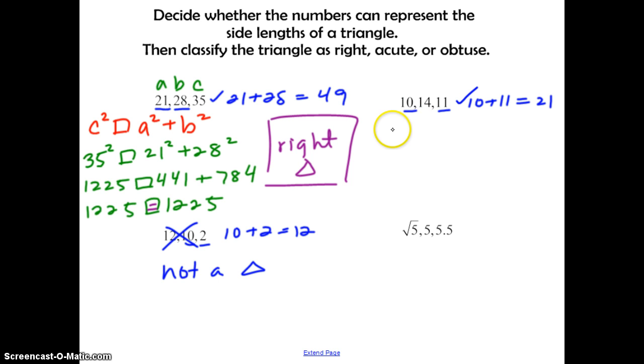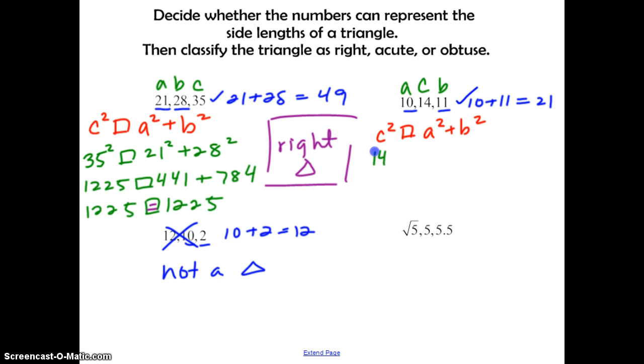Then we want to take a look at our Pythagorean theorem converse. Sorry. I actually want to write c squared box a squared plus b squared. And then when we're assigning, we want the greatest one to be c, and then again a and b, doesn't matter which one's which.